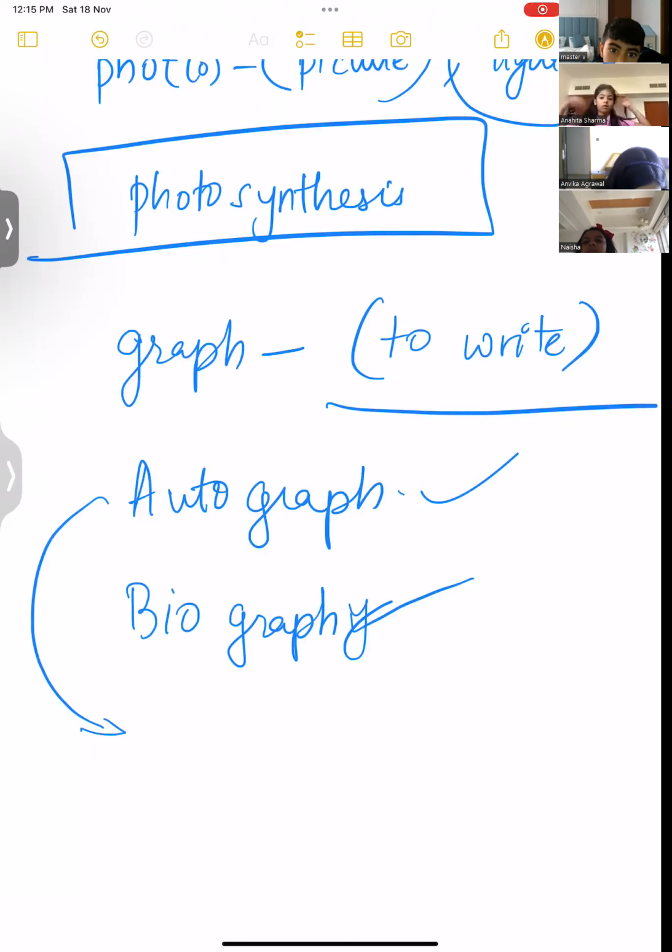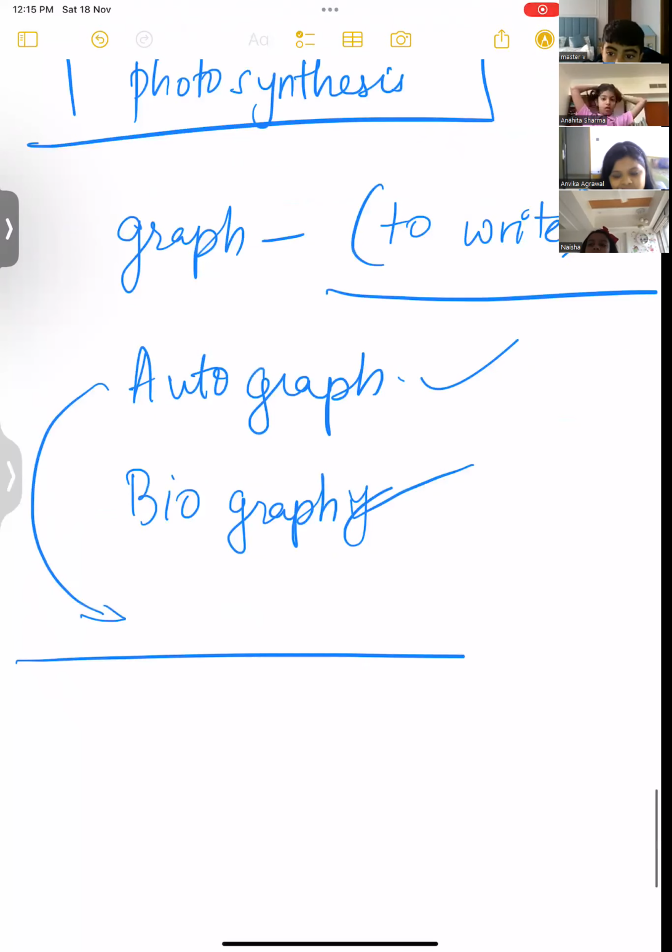Auto means when you are writing your own story. It becomes autobiography. Biography means when someone else is writing your story. So the last non-fiction text that we had discussed, children, that story was an autobiography.